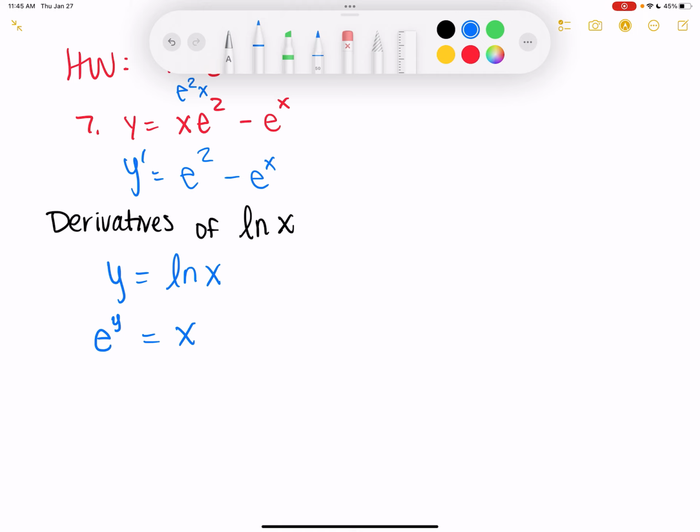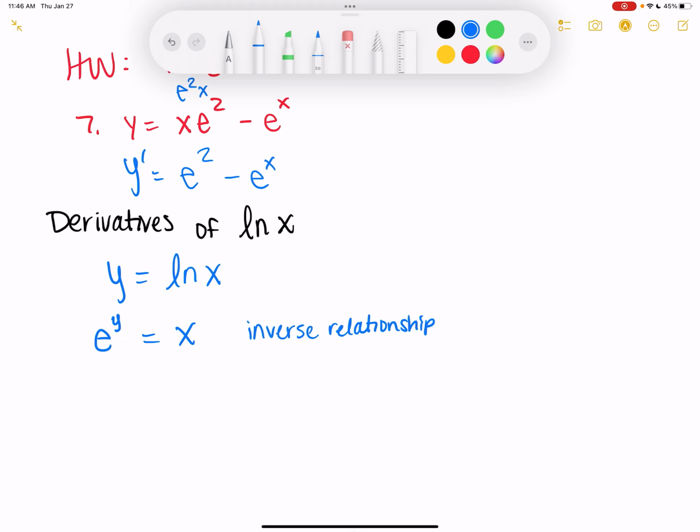And this is an inverse relationship. If we were going to take the derivative of this, we would technically be doing so implicitly. We're finding dy dx.